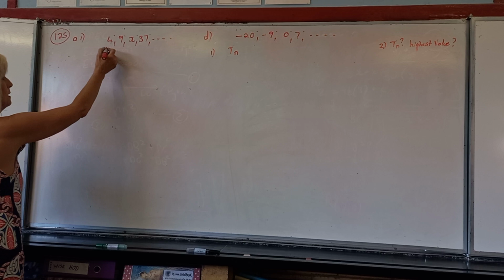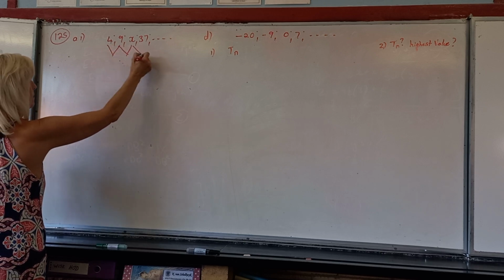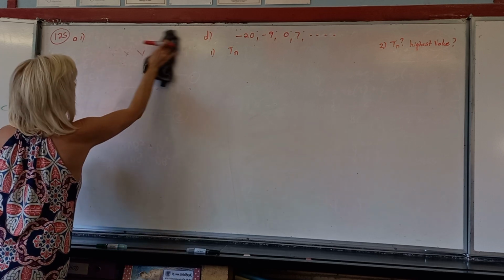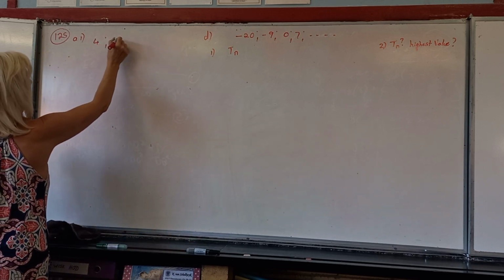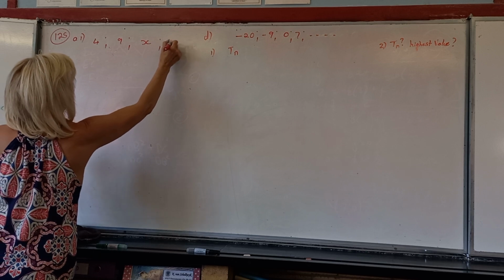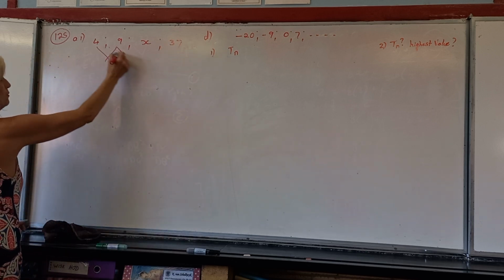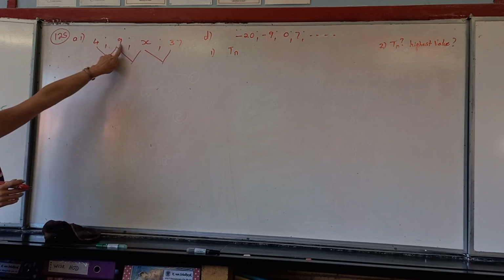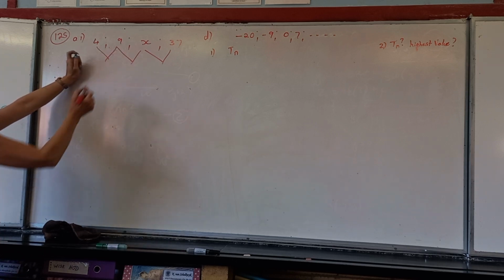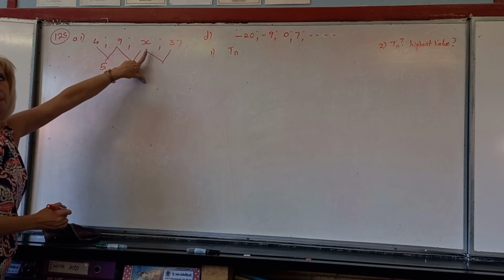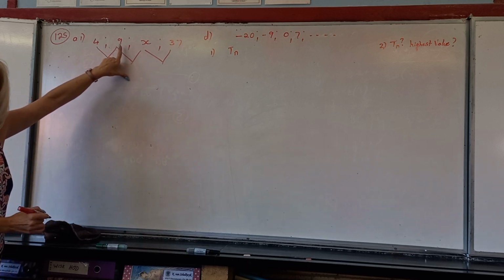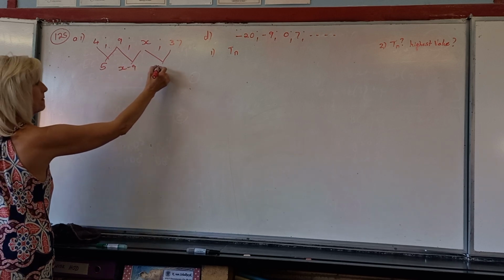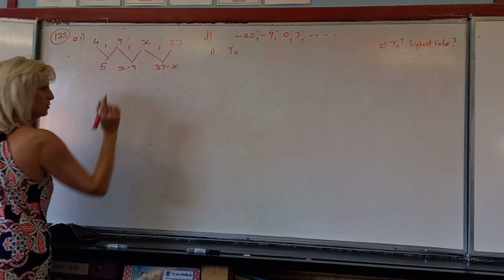How do I see it? Because you're going to do this. Maybe I should write it a little bit bigger. Right, so you're going to do first difference, second difference, so it's going to be 9 minus 4 is 5. x minus 9, 9 minus x is not right. x minus 9 and 37 minus x, are you with me?